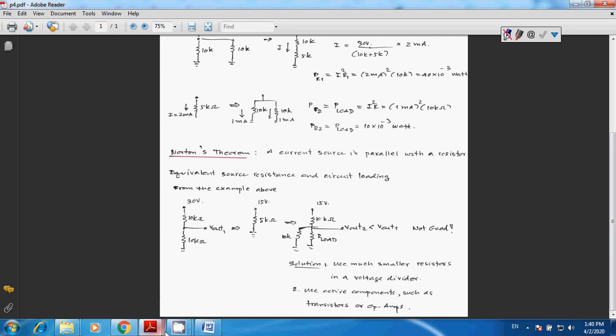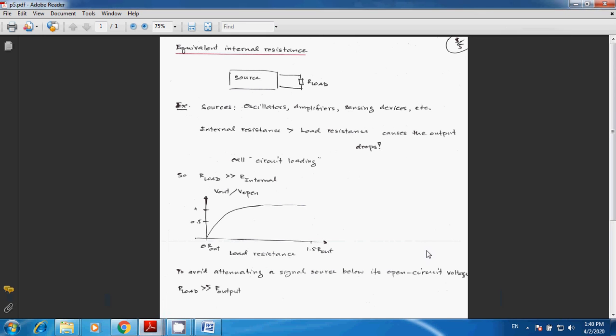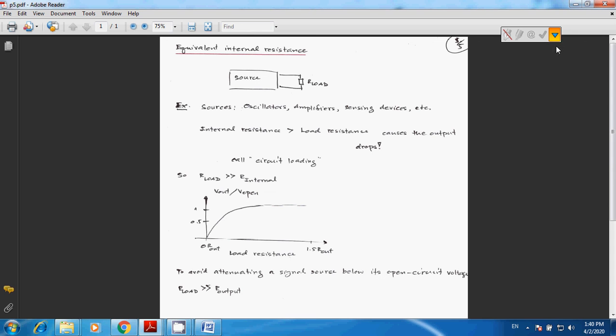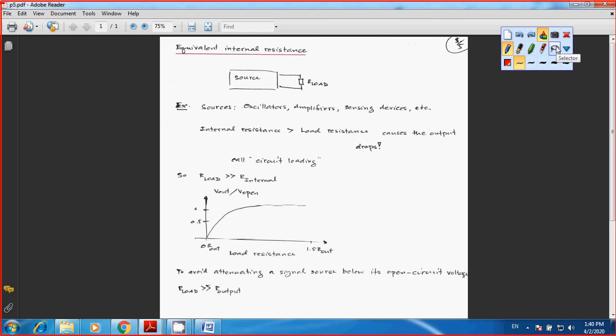Okay, let's go to the last page, talking about equivalent internal resistance. If you take a look at the supply voltage, there's going to be some internal resistance, or somebody calls it source resistance, for example in oscillators, amplifiers, sensing devices.